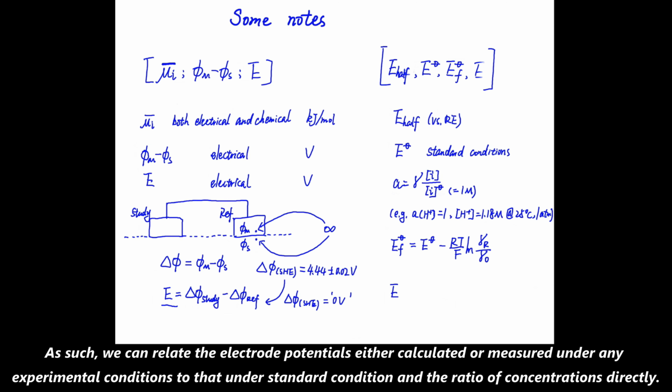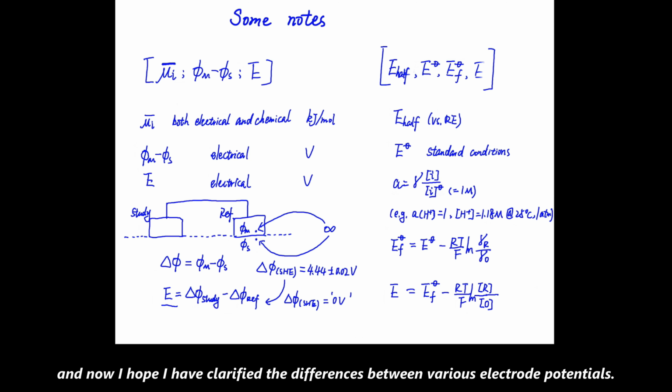As such, we can relate the electrode potentials either calculated or measured under any experimental conditions to that under the standard condition and the ratio of concentrations directly. And now I hope I have clarified the differences between various electrode potentials.